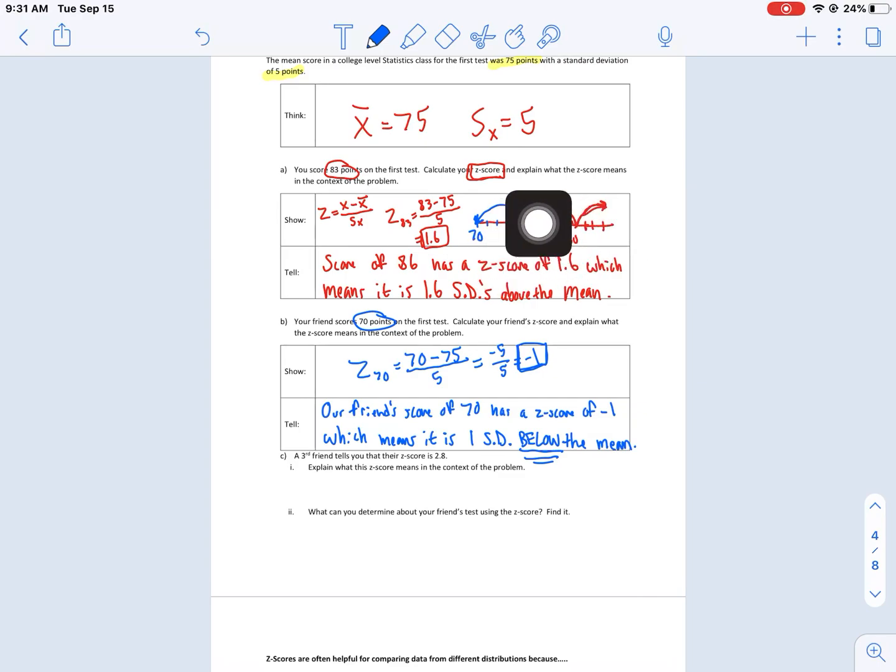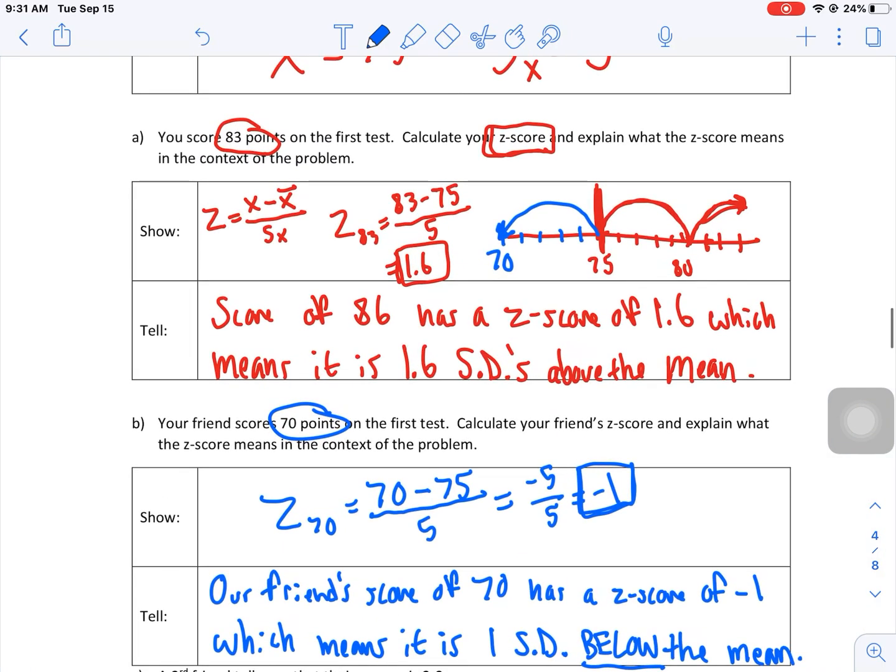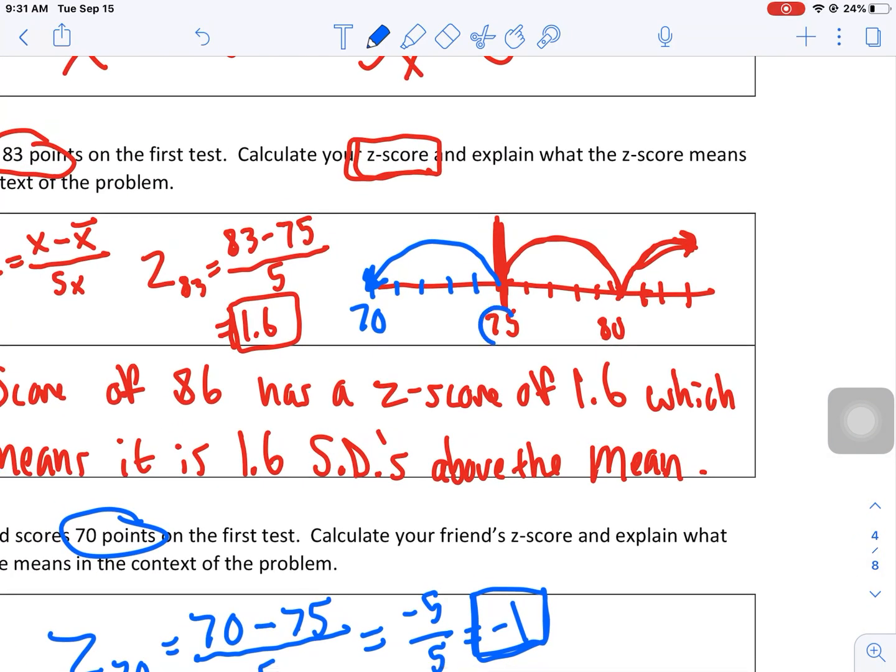So 75 is our mean. We know the standard deviation is 5. And remember, in stats, I've told you that in order for something to be unusual, when we're talking about the mean and standard deviations, it should be more than 2 standard deviations away. So if I was at 75, 2 standard deviations above would be 85. And 2 standard deviations below would be 70 and then 65.